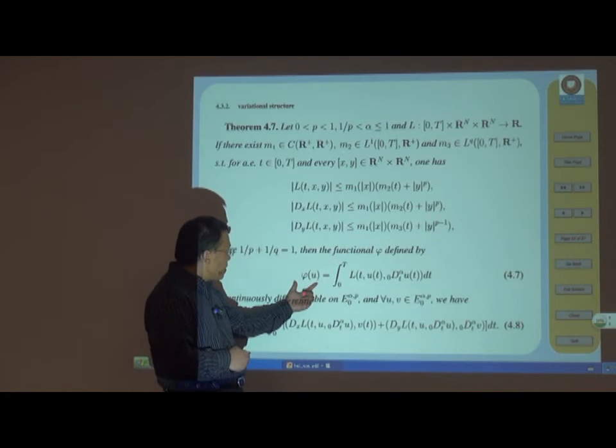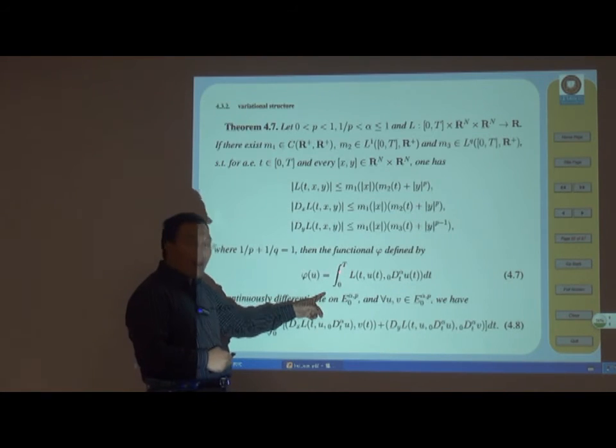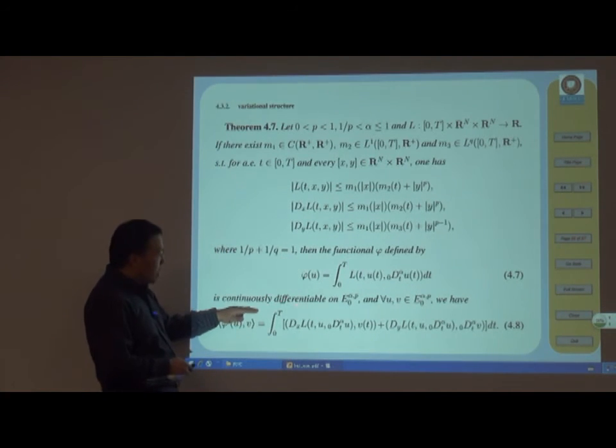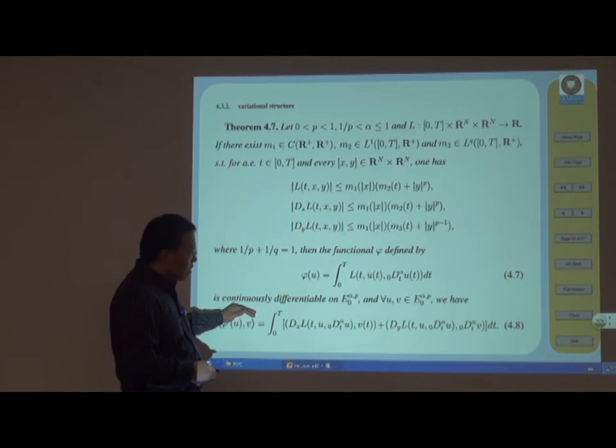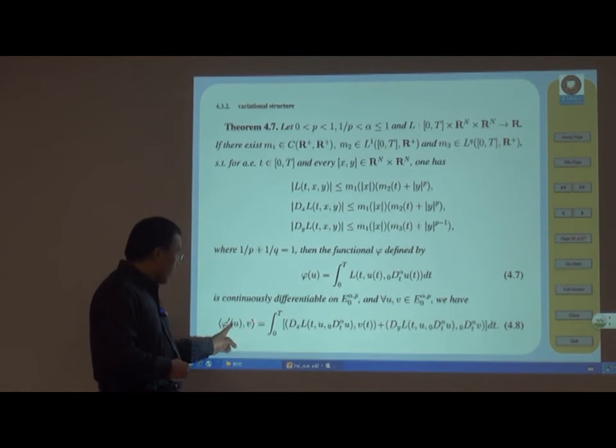The functional phi is defined by this integral, then phi is continuously differentiable on the fractional function space. And the derivative of phi can be derived as this.